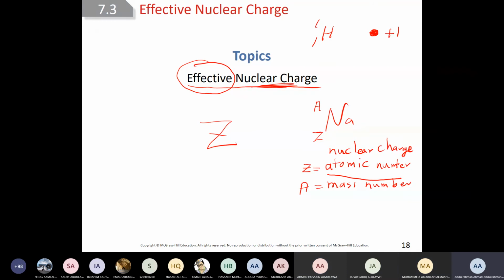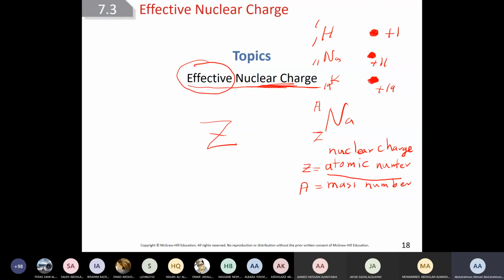If I have sodium, which is 11, what's the nuclear charge? Plus 11. If I have K, which is 19, what's the nuclear charge? Plus 19. Is it clear? Now Z is the nuclear charge.